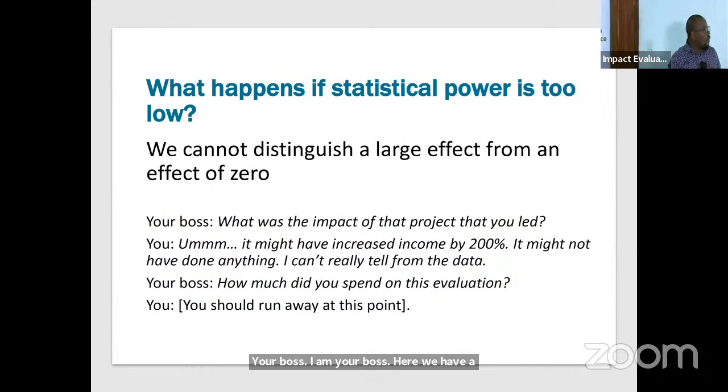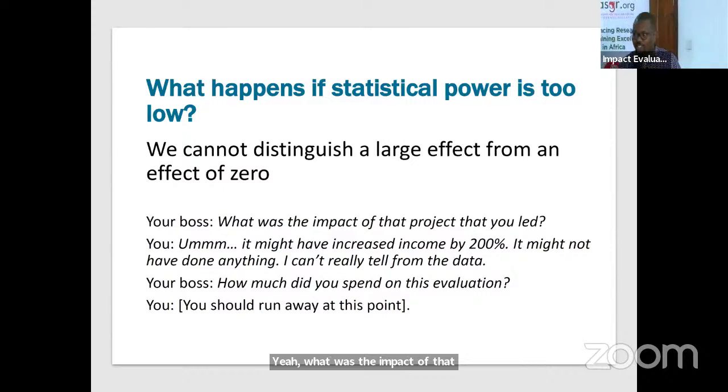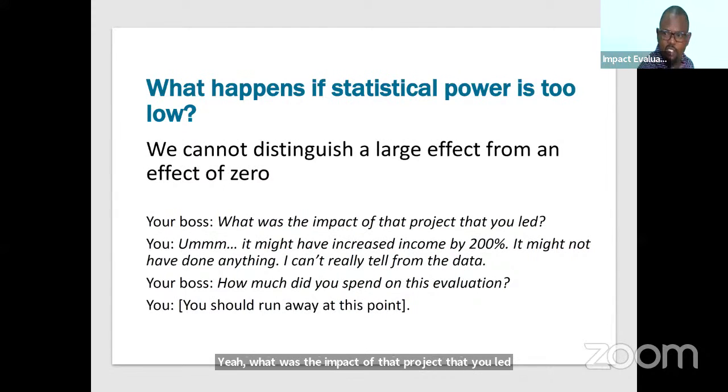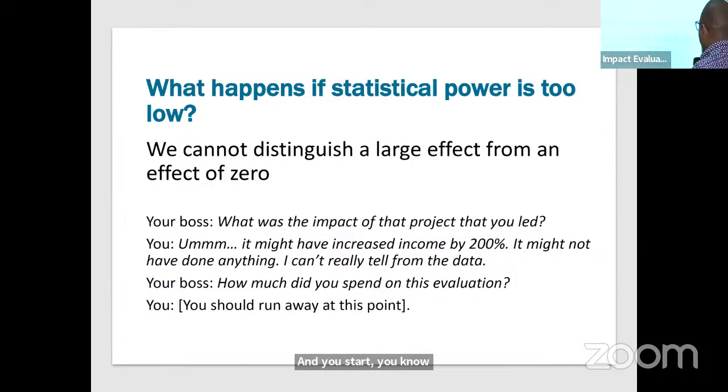What was the impact of that project that you led? I've given you money, you asked for budget, I gave you money. So tell me in your performance, what was the impact of that project you led? And you start, you know, boss, it might have increased income by 200%. It might not have done anything. I can't really tell from the data.